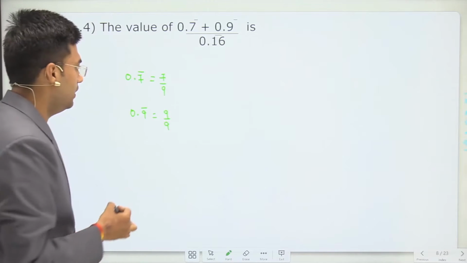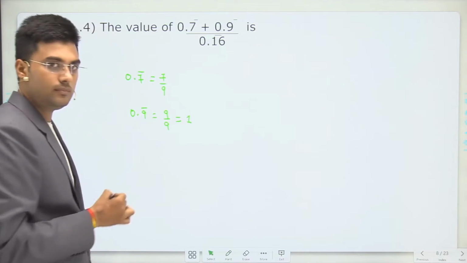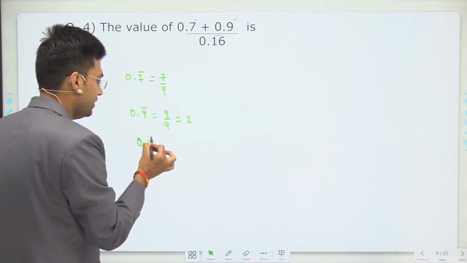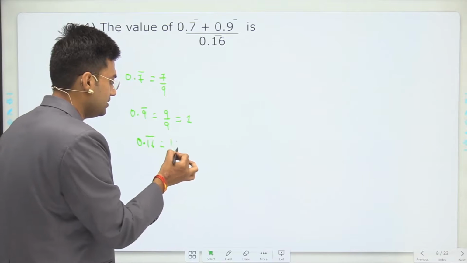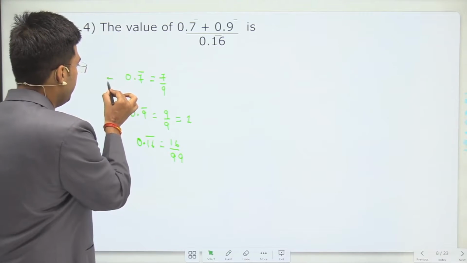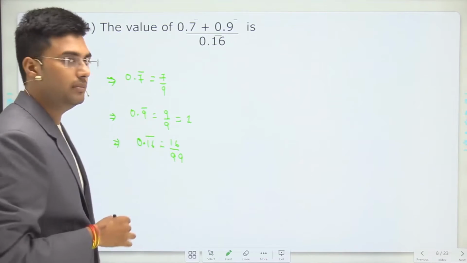Okay, now 9 by 9 is equal to 1. Now we have to convert 0.16 bar into the fractional form. It is equal to 16 divided by 99. Okay, we have found the fractional form of all these three numbers.